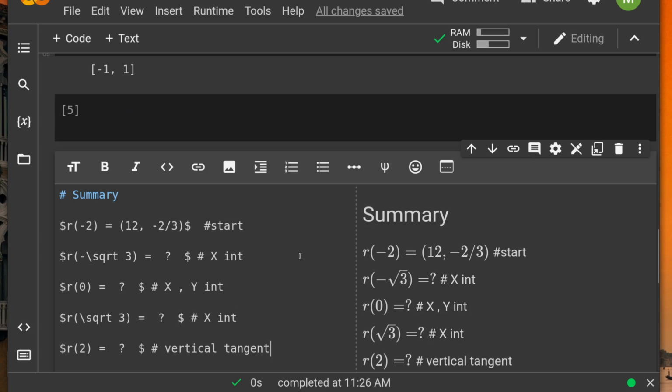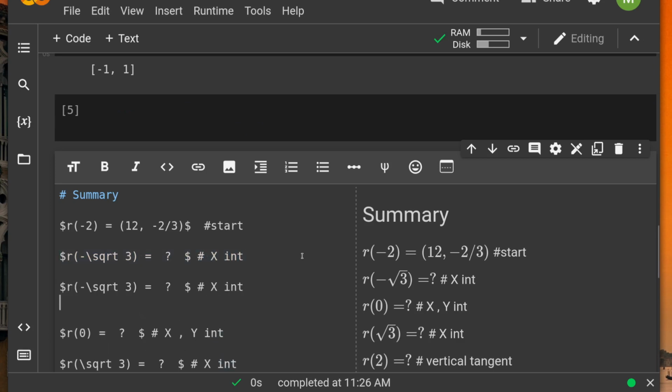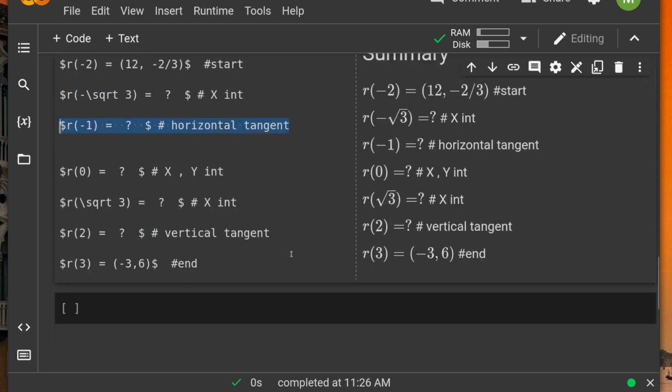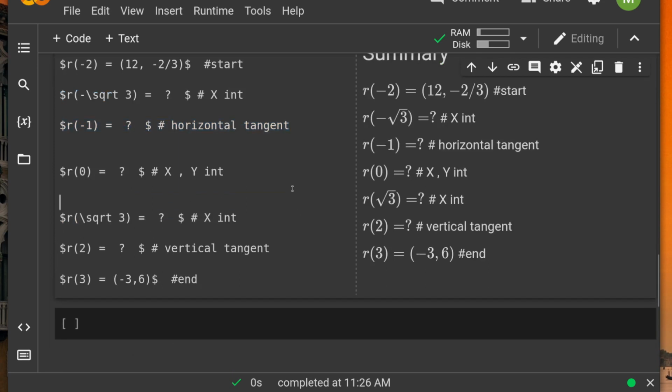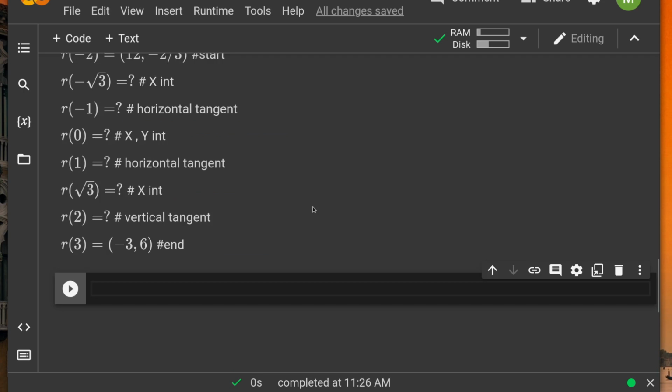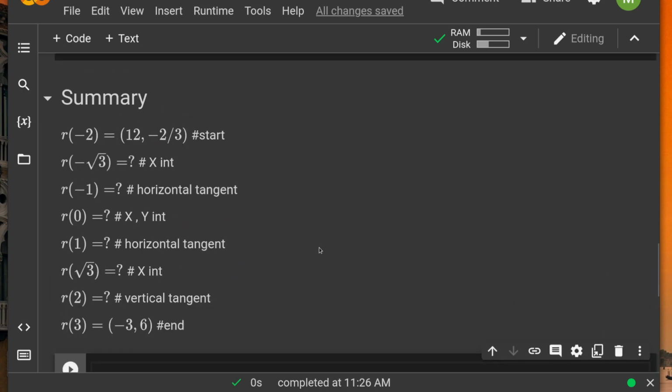So let's put that on our summary. So -1 is between 0 and minus square root of 3. So here we've got a horizontal tangent. And at 1, we also have a horizontal tangent. Okay.